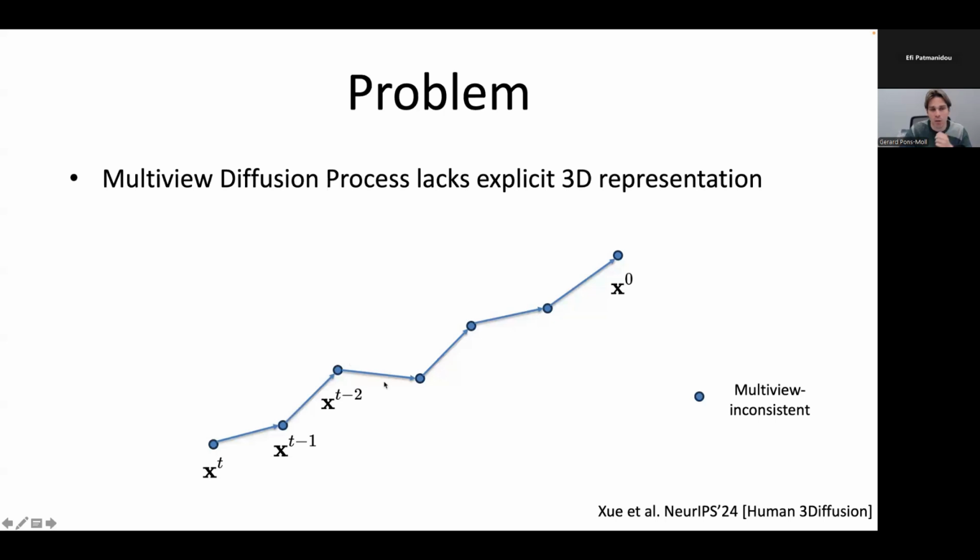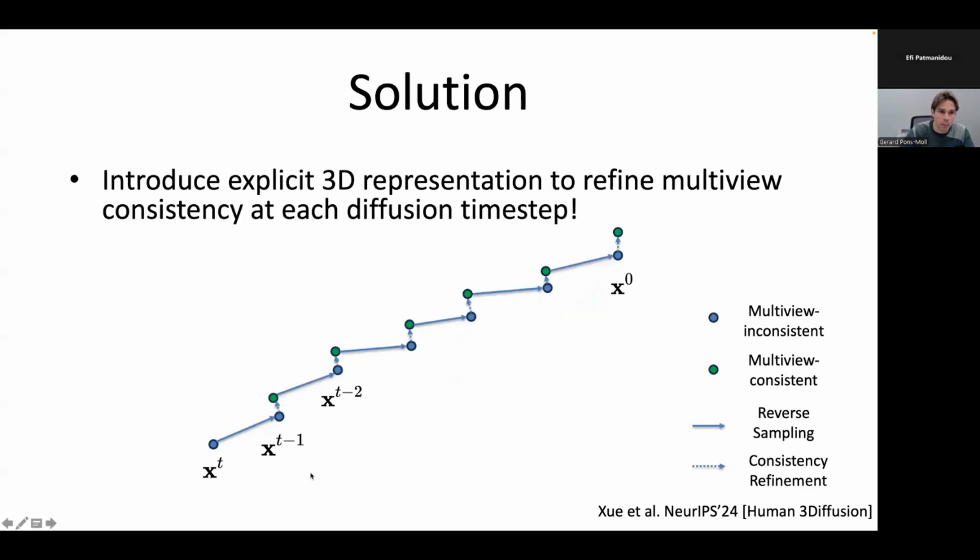Each of these blue dots might be multi-view inconsistent. However, there is a manifold of multi-view consistent images, which are basically projections of 3D models. And so what we can do is, at every step during the diffusion process, project to this manifold such that at every step we make sure that these generated multi-view images are multi-view consistent. So that's the basic idea at a high level.